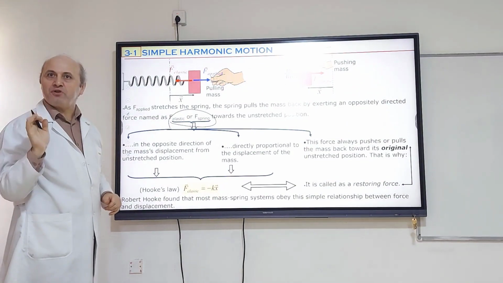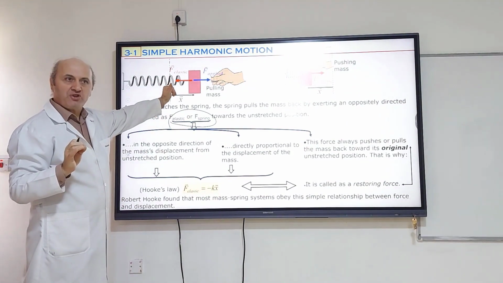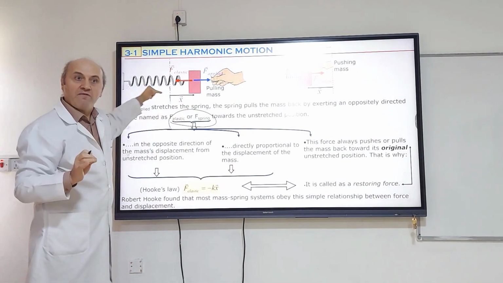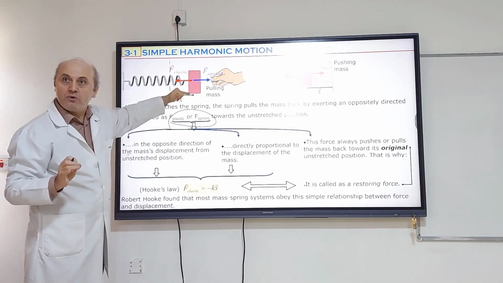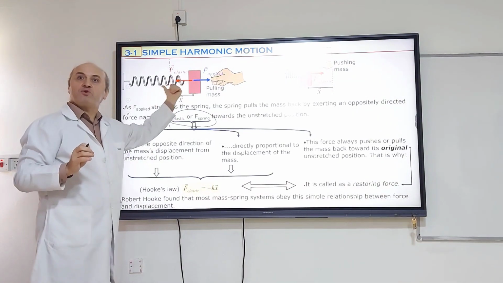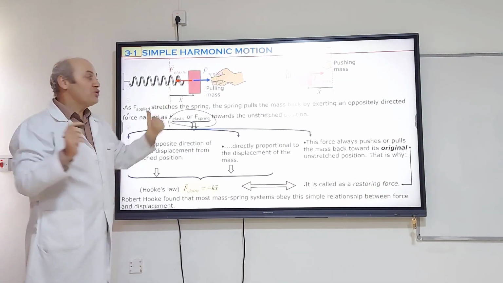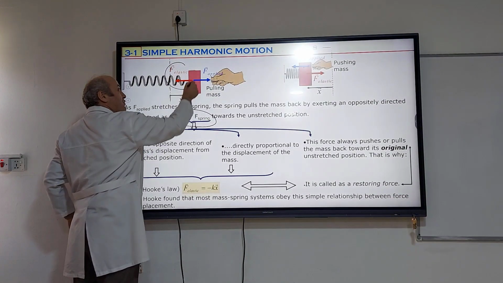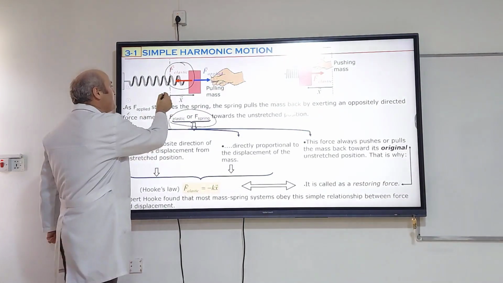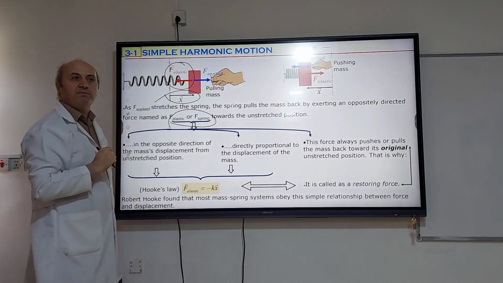Yani, the reference point is the unstretched position. From this position where the mass is, in which direction is the displacement? Positive x direction. Look at this elastic force or spring force. In which direction? Negative x direction. So this elastic force, or spring force, is always in the opposite direction of displacement of the mass.